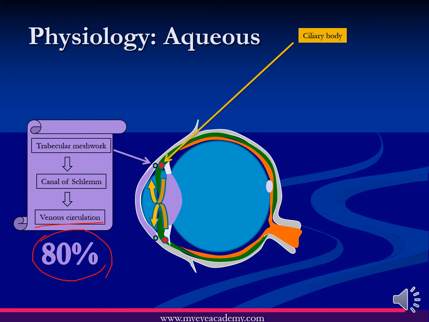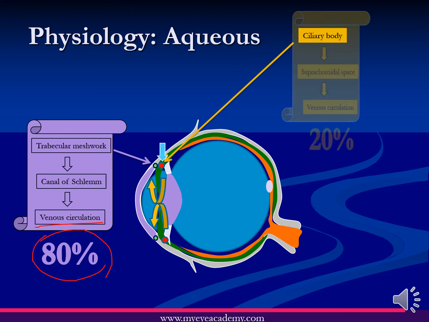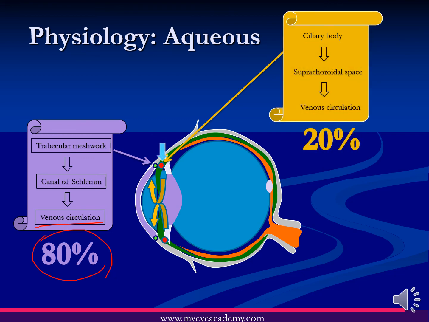The rest of the 20% goes to the suprachoroidal space, and through the suprachoroidal space it goes to the venous circulation, and this is responsible for 20% of the drainage of the aqueous. So all the 100% is produced in the ciliary body, and all the 100% eventually ends up in the venous circulation. Now you have to remember 2 things here.